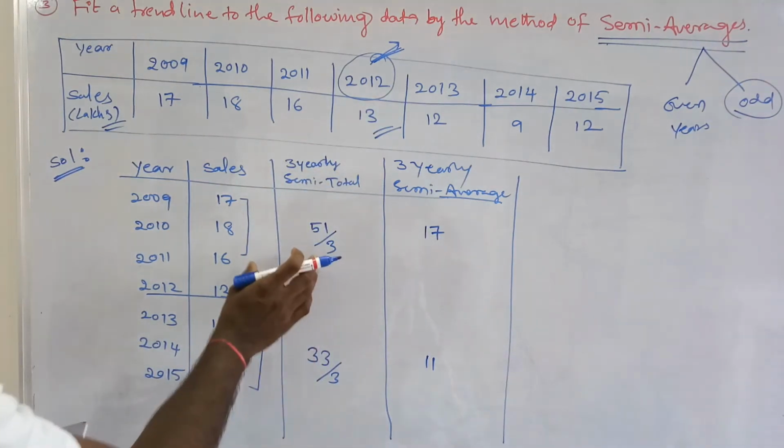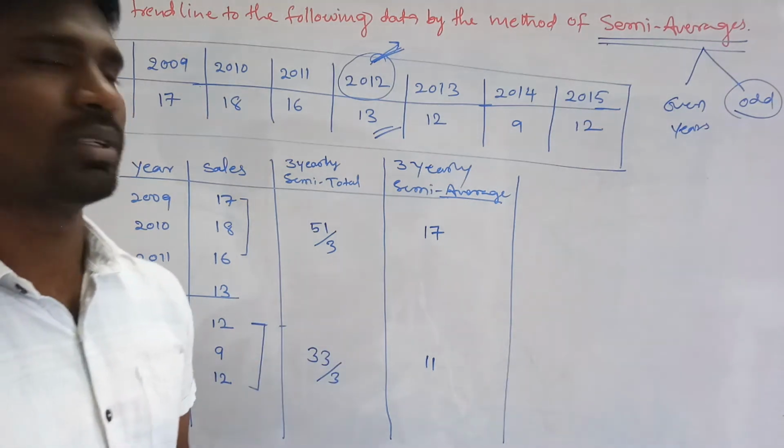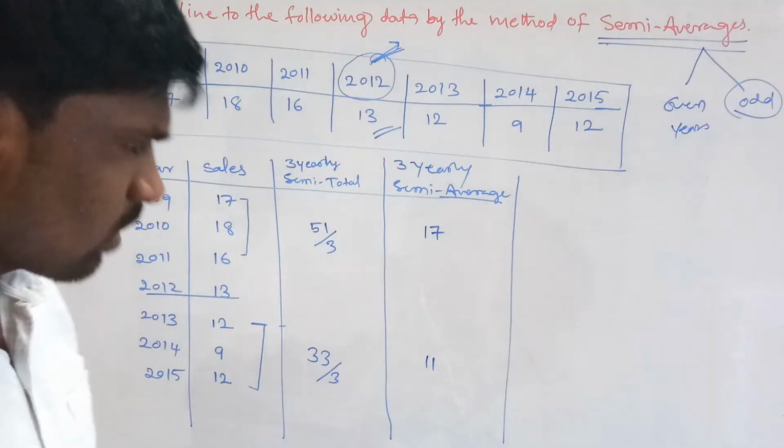By using this data we have to draw a graph on the graph paper, right?